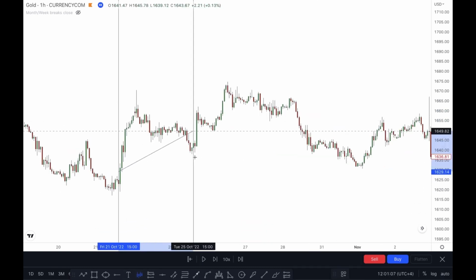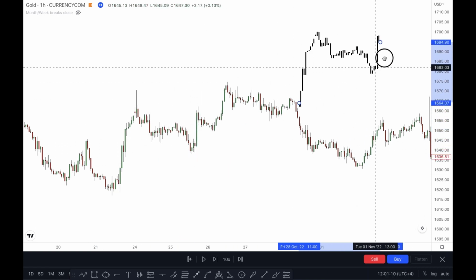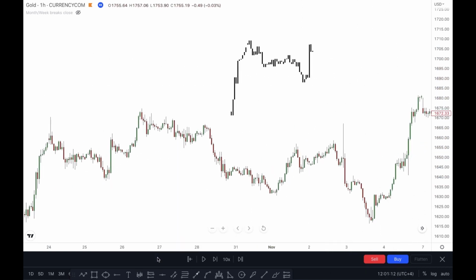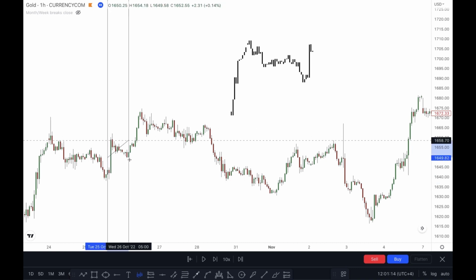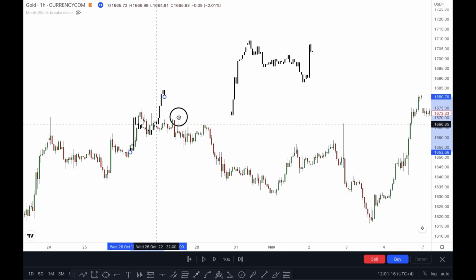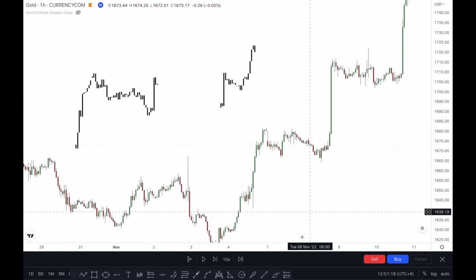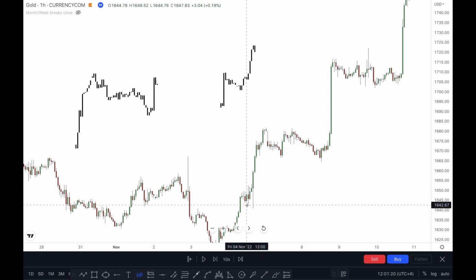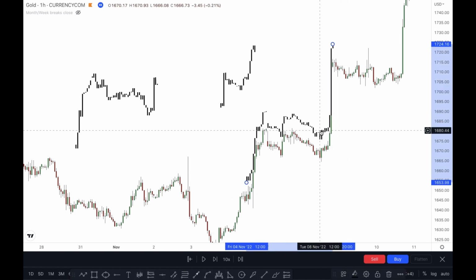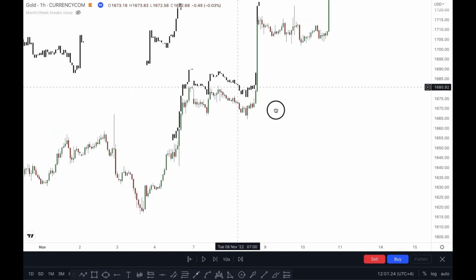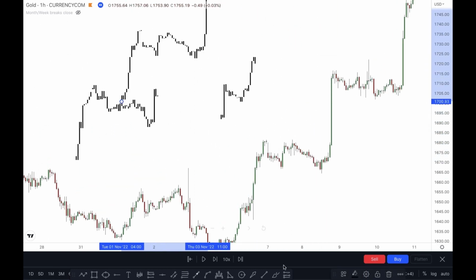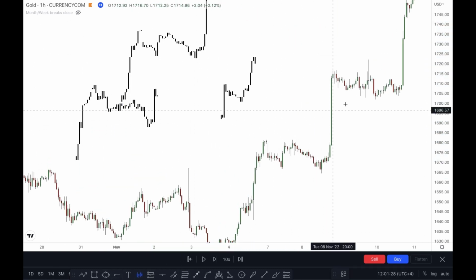We will just copy this from here to there. Let's put it somewhere here. Let's also copy this small price action from here to there. And let's also bring it here, right? And also I'm going to copy the one that we just took, this one. I'll put it side by side right here. And I will also copy this last one.